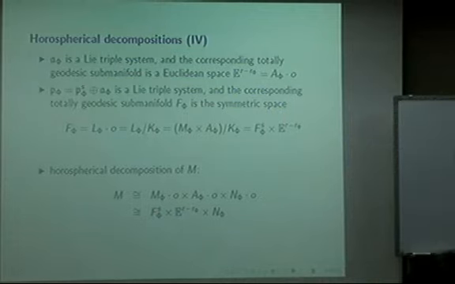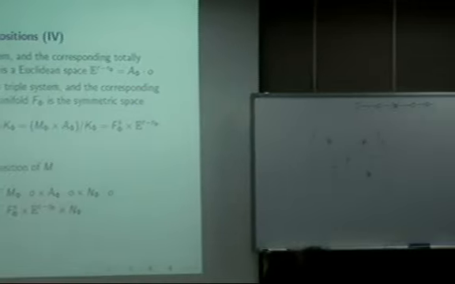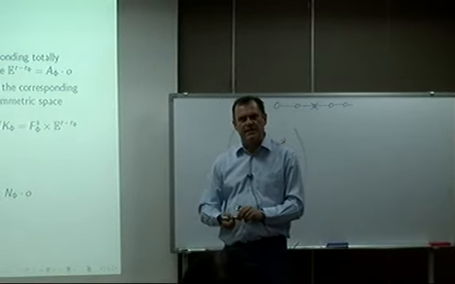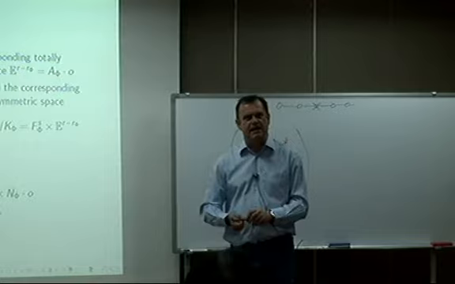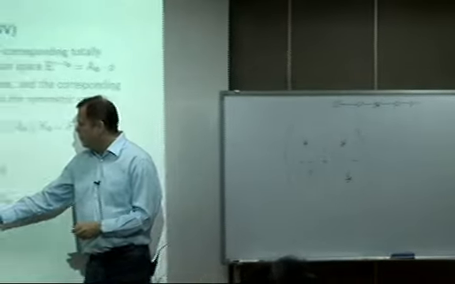In the simplest case, to draw a picture, the real hyperbolic plane with which I started my lecture, we have only one possible choice there, phi is the empty set. In this case, we get here a point.